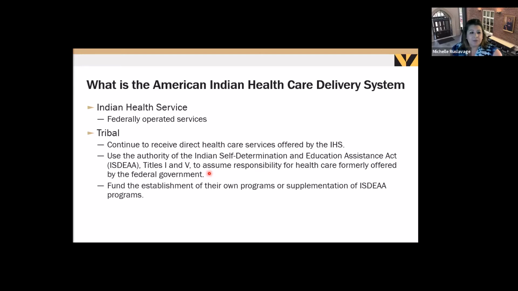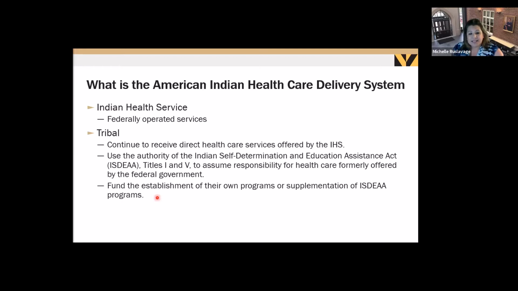And the last way, the third way, is they can fund the establishment of their own programs or supplementation of the ISDEAA programs. And I do know some of the tribes that do that. They augment or they fully fund their healthcare services from their economic portfolios that they do have.